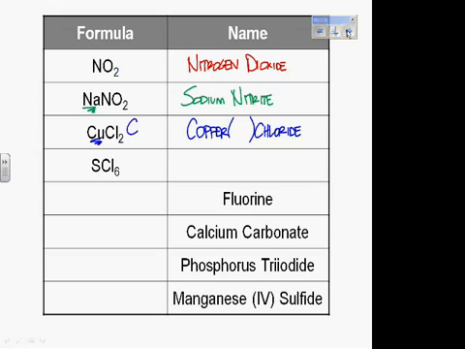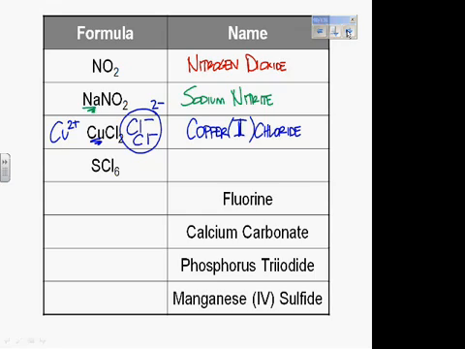All right, there's 2 chlorines here. 1, 2. Together, those 2 chlorines would have a charge of -2. But there's only 1 copper. In order to get a charge that's balanced out for an ionic compound, we have to have a copper with a +2 charge, so this must be copper with a 2. Make sure I make that clear. That should be a Roman numeral 2 chloride. Copper 2 chloride.